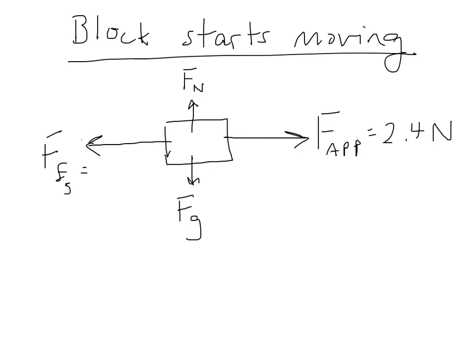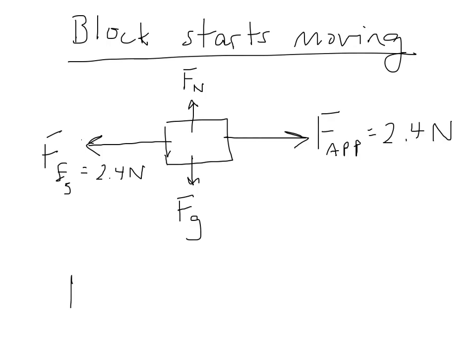And right here is that maximum value of 2.4 newtons. So if we try to continue pulling, the friction force is not going to increase any more than that. So I've reached a maximum static friction force.